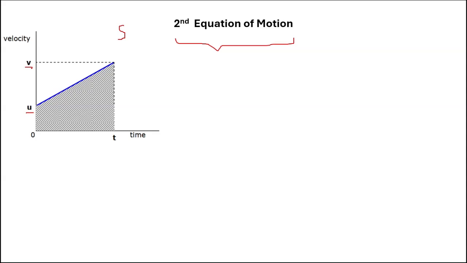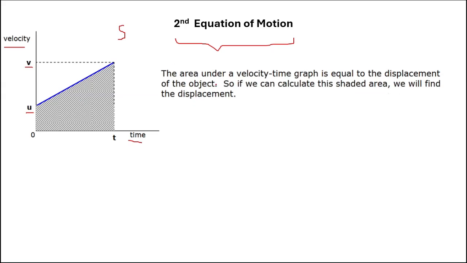From the definition in our previous lectures, we have studied that the area under a velocity time graph, this highlighted shaded area, is equal to the displacement of the object.